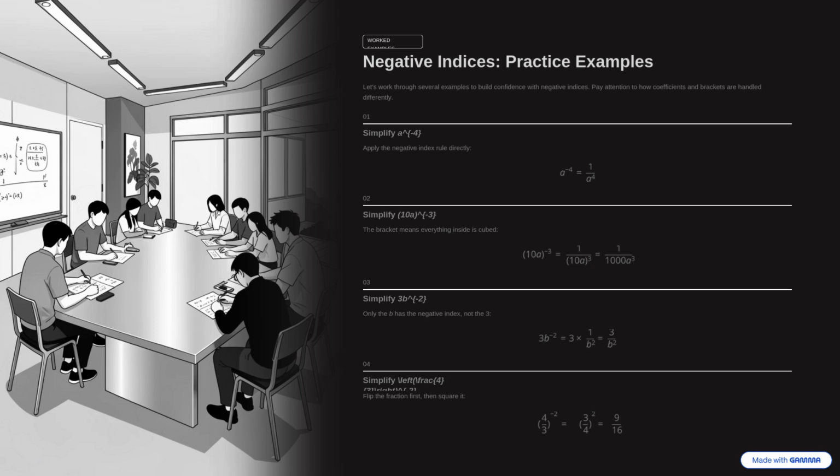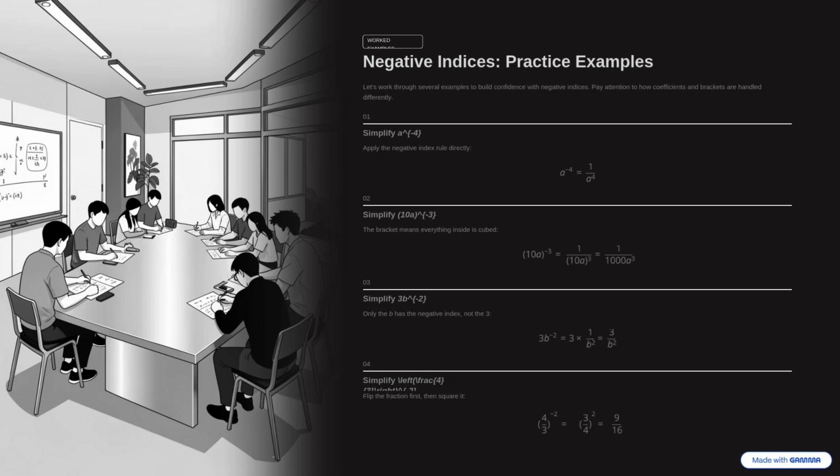So we do 1 over 10a to the power of 3. And then that 10 becomes a cube, a becomes a cube, but they are all in the denominator because remember, originally we flipped them. So brackets, just a little reminder, they're not for decoration, they're the difference between correct and crying in the exam hall, technically. Okay? Hopefully this has made sense.